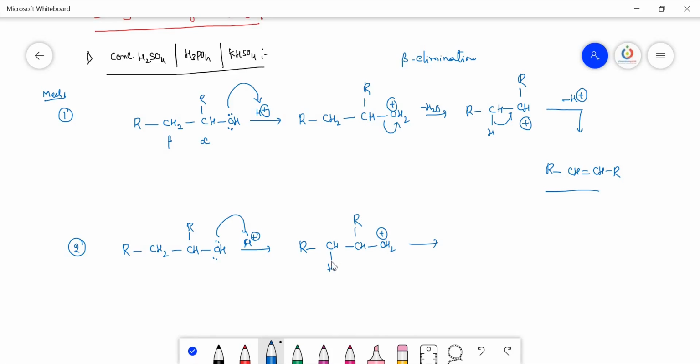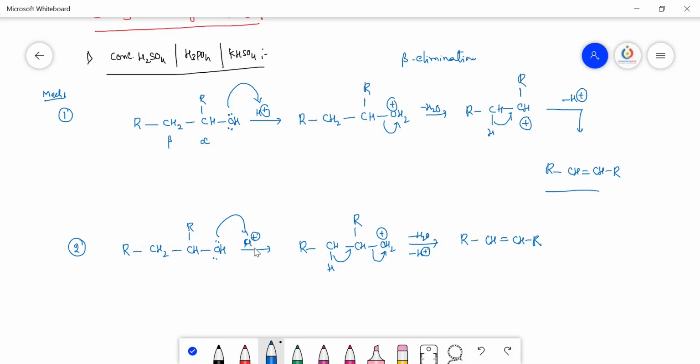Now this H plus ion, this sigma bond electrons will shift here, and here these electrons will go there. Means at a time H2O and H plus ion will be eliminated, and finally giving RCH double bond CHR.